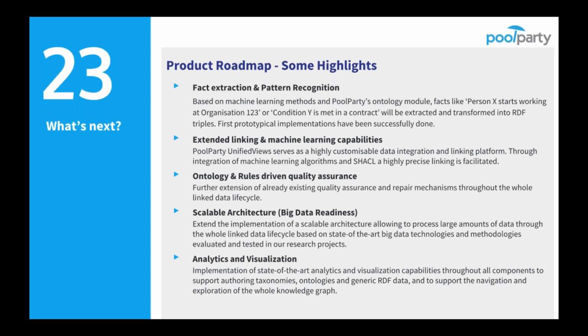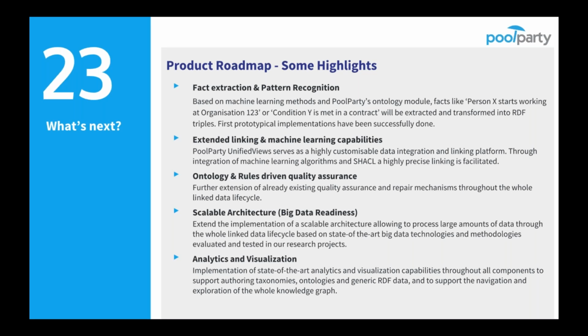For ontologies and rule-driven quality assurance, we also want to look into the other components of the linked data lifecycle to further develop more quality assurance and repair mechanisms for all the components along the linked data lifecycle to also guarantee the data stability and quality there.